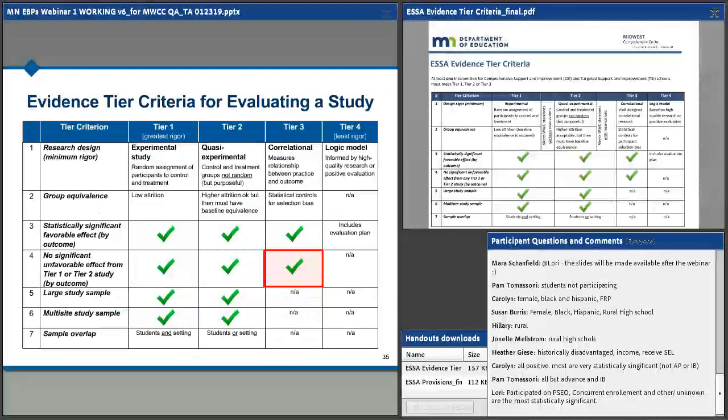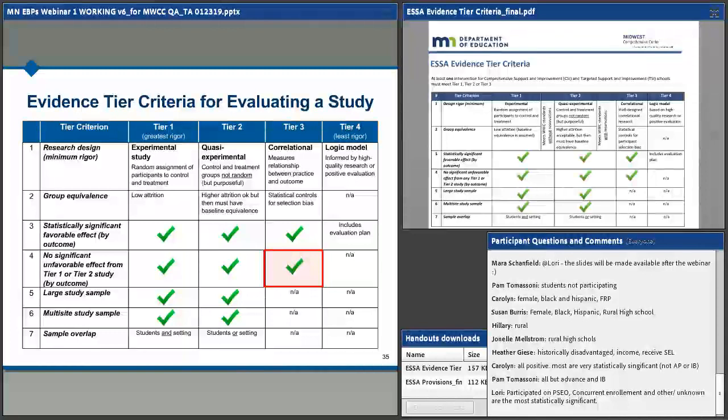Our final test for significance is that there's no significant unfavorable effect from other study. All right, so you just went through the process of looking at one study and saying, oh, I'm getting positive statistically significant effects for this study. That's not enough. The next step is to make sure that there aren't other studies out there, sometimes called countervailing studies, that have negative results.